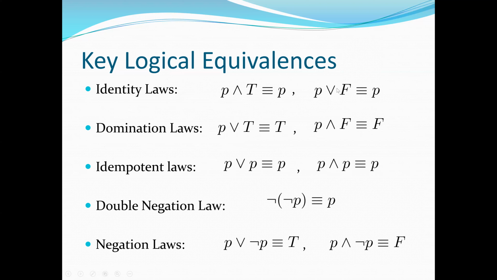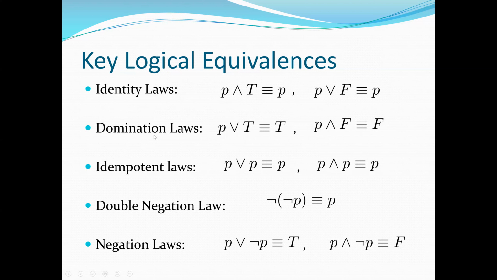P or false always will give me P, because if P is true, my answer will be true. If P is false, false or false, the answer will be false. True or false, the answer will be true. So the P value will determine it, and that's why it's called identity laws. The P value will always be the answer. The true or false doesn't matter.